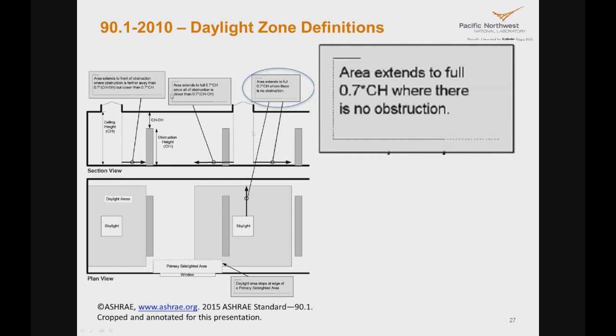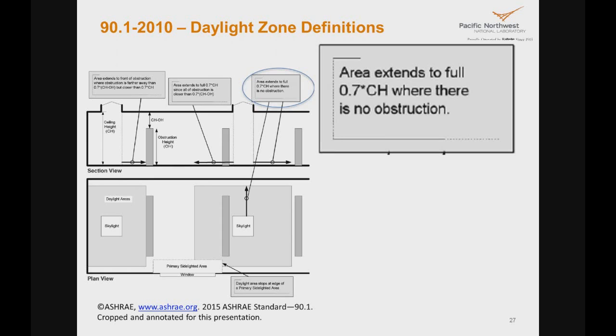You can see that this is a description from 90.1 2010. For a skylight, the area extends to 0.7 times the ceiling height. If there are obstructions, then the daylight area may be reduced, and it depends on how tall the obstructions are. So for example, if you have ceiling height partitions, obviously that's a different space.